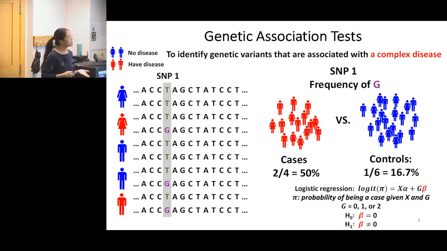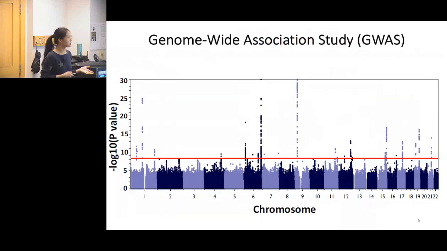When we expand the genetic association test to the whole genome, we have the genome-wide association study, which we call GWAS. Each GWAS can provide a plot like this, which we call a Manhattan plot. Each dot here represents a genetic variant, such as a SNP, across the human genome.